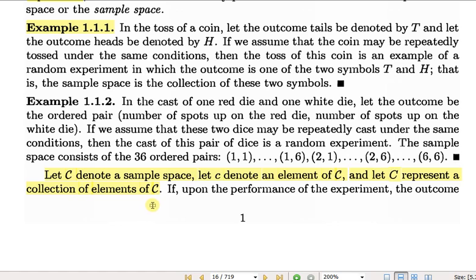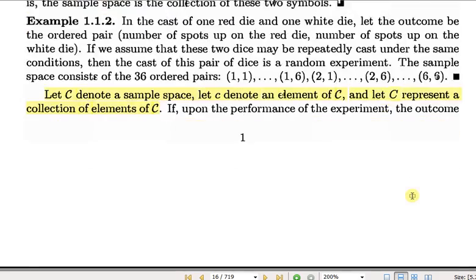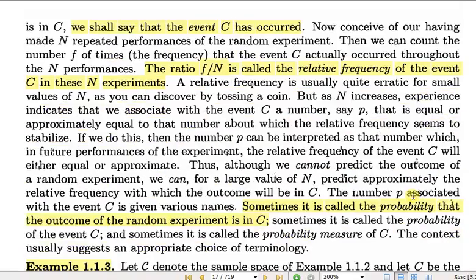Now let C denote a sample space, and c small denotes an element of C, and let C represent a collection of elements of C. If upon performance of the experiment the outcome is in C, we shall say that the event C has occurred.